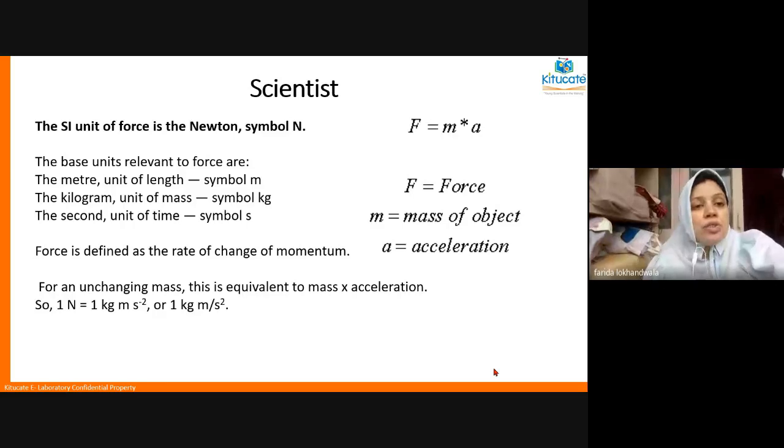In general, the unit for force that we use is Newton, and the symbol used is capital N. For example, what is the unit for length we use?